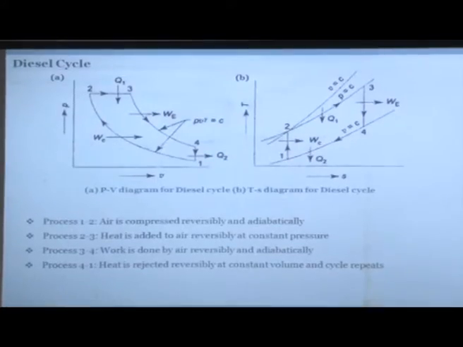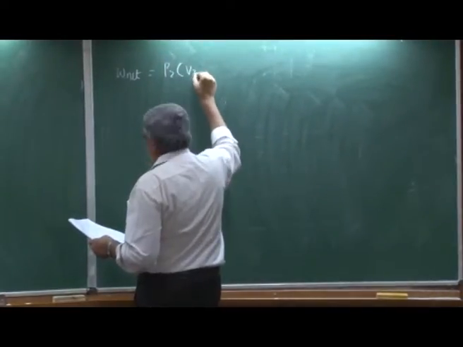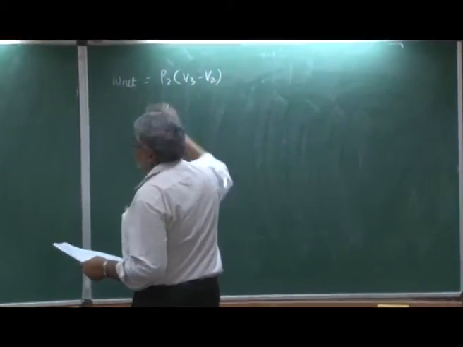So you can write this expression for net work as, what is the area below points 2 and 3? This is P2 times (V3 minus V2), right?